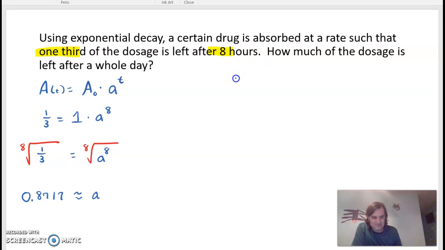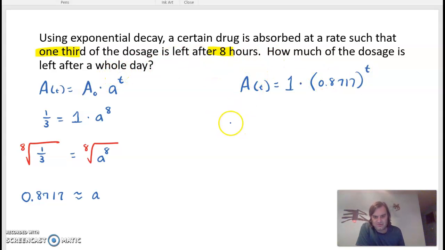So the function that we're writing is A of t equals, and we'll just start it with 1, we don't even have to put that in there, but the rate will be 0.8717 to the t, and a whole day would be how many hours? 24. So we're going to plug 24 into our function.